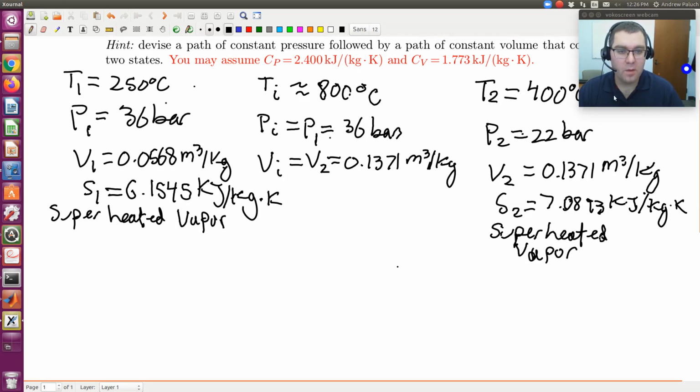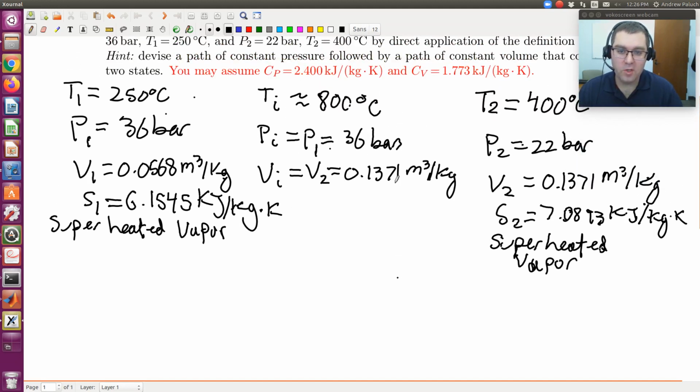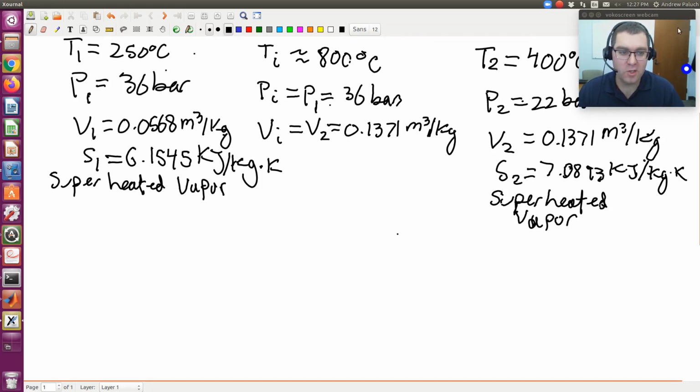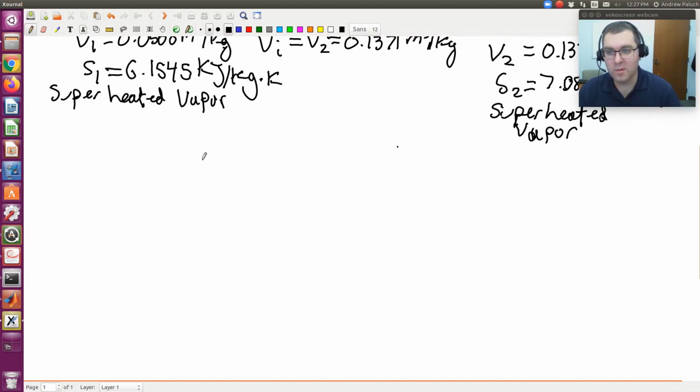Okay, so let's try and construct our process to compute the change in entropy going from state 1 to state 2. We'll compute the change in entropy for our isobaric process to go from our initial state to our intermediate state, and then our isochoric process, a process of constant volume, to go from our intermediate state to our final state, and then we can compare to the direct result from the steam tables.